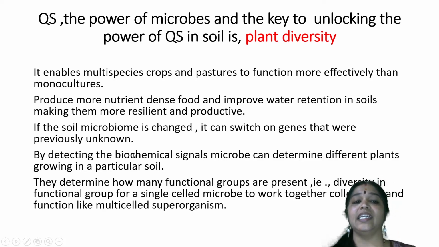By detecting the biochemical signal, microbes can determine different plants growing in a particular soil. They determine how many functional groups are present. That is diversity in functional group for a single cell microbe to work together collectively and function like a multi-cell superorganism.